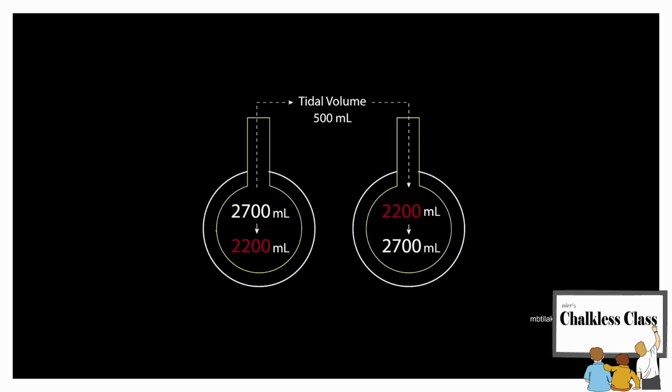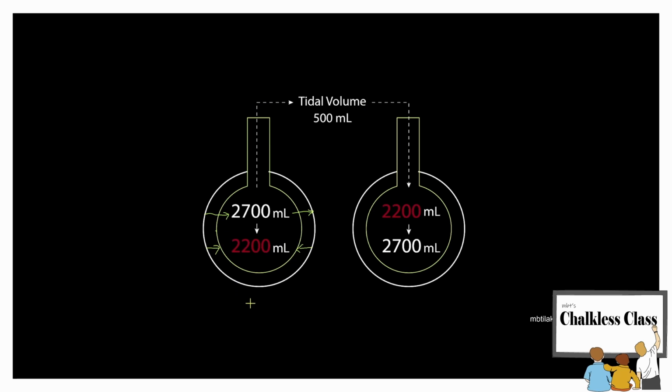At a normal expiration, about 500 ml of air is sent out. The air which is expired during normal expiration is called tidal volume. The lung volume decreases to 2200 ml.